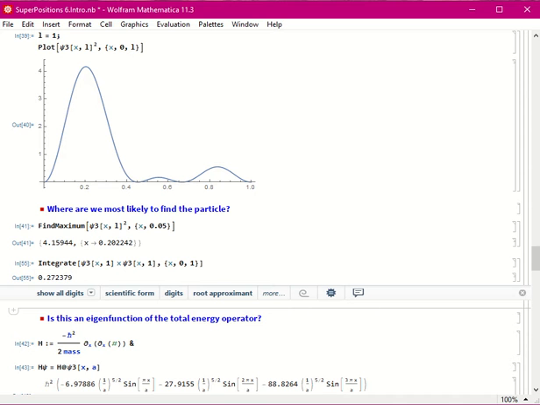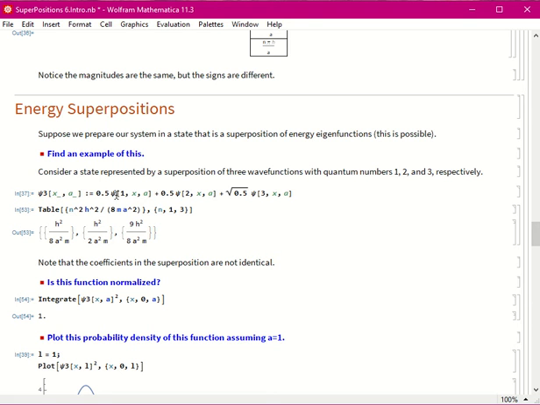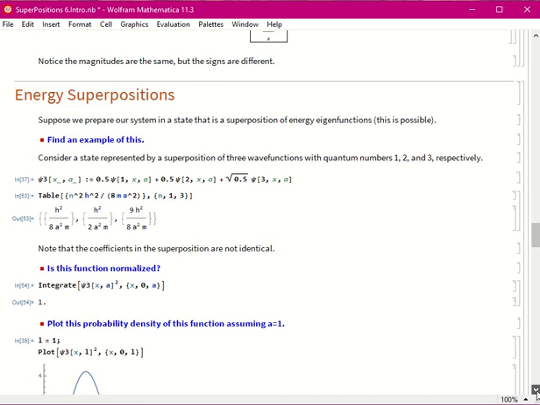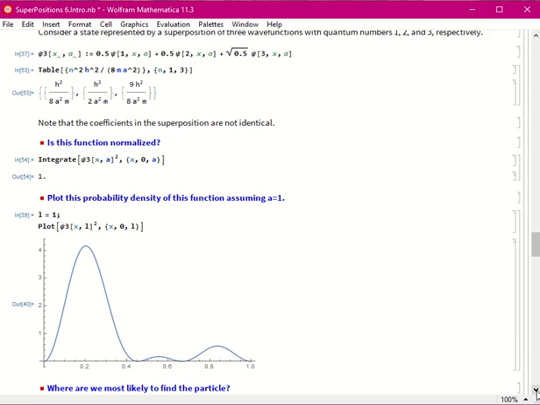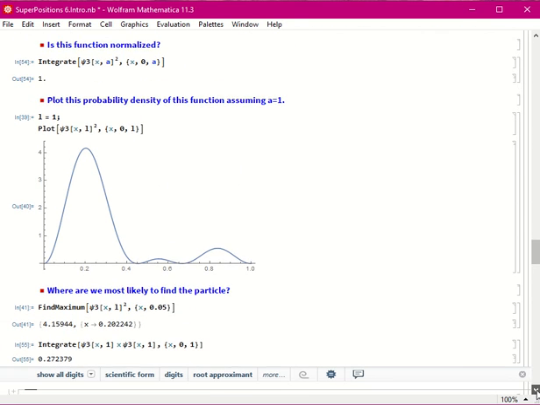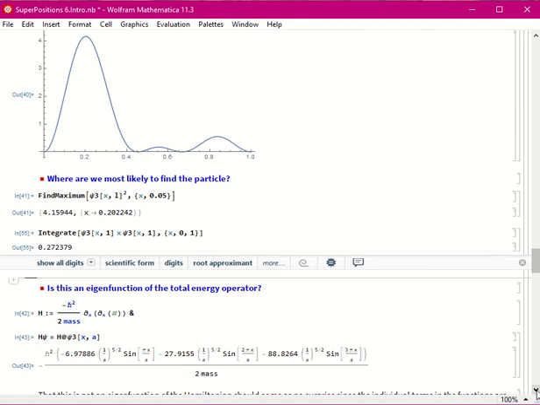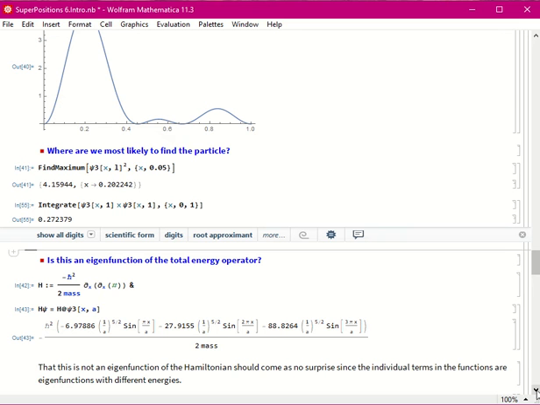Now, we can also ask, is it an eigenfunction of the total energy operator? We should already know the answer to that question, because if each of our functions in the superposition is an eigenfunction of the energy operator, and they each have different eigenvalues, that means there are 3 different energy values that we can measure, and that means it cannot be an eigenfunction of the Hamiltonian operator, because there's more than one.